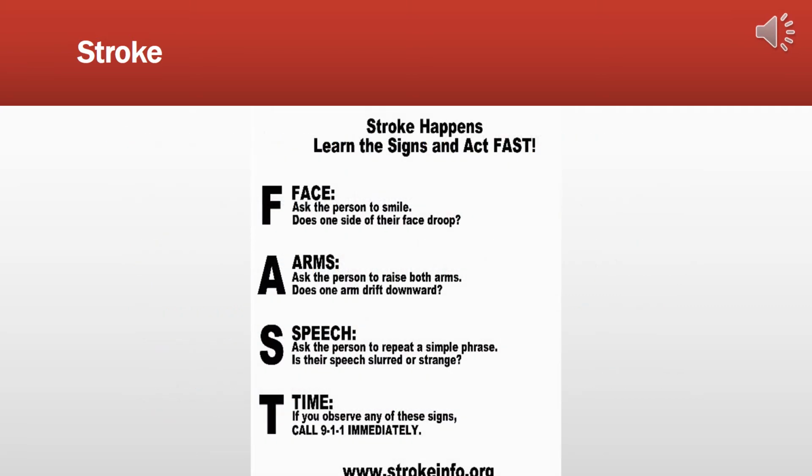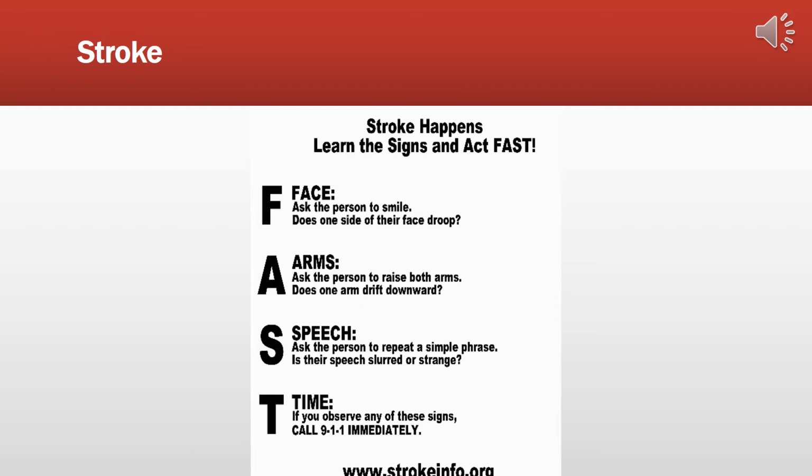So here's a chart of some of the steps to take if you suspect someone has had a stroke. First, you look at their face to see if one side of the face is droopy compared to the other side. You ask that person to raise both arms, and if one arm drifts downward while the other remains up, that's a sign.